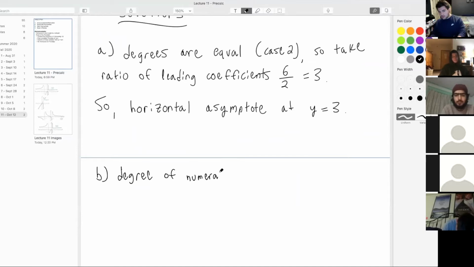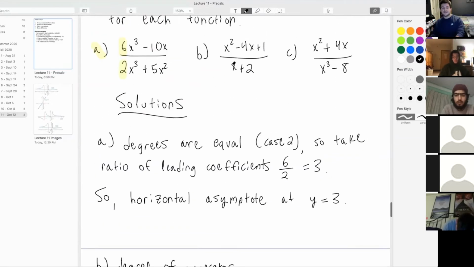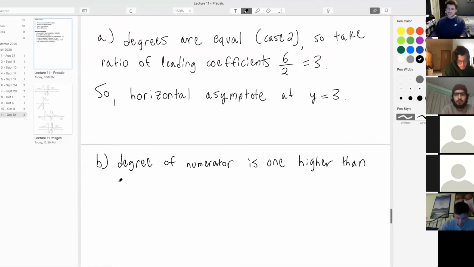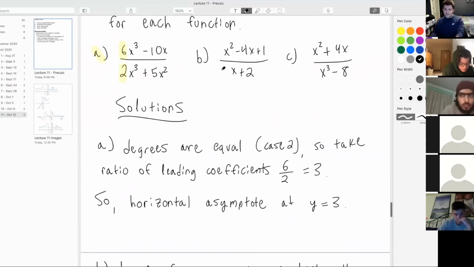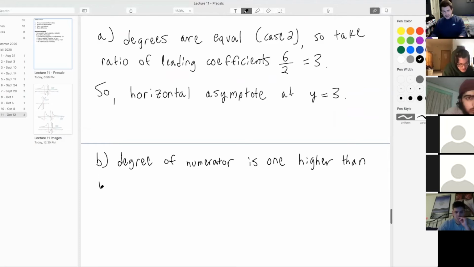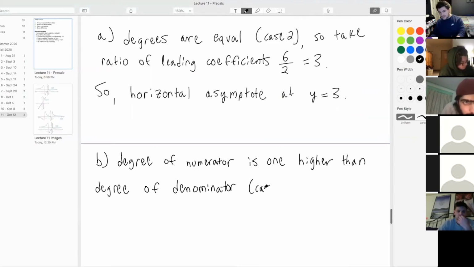We're on B here, x squared minus 4x plus 1 divided by x plus 2. Degree of numerator is 1 higher than degree of denominator. I hope everyone can see that. We have degree 2 on top and degree 1 on bottom. So that is case 3.